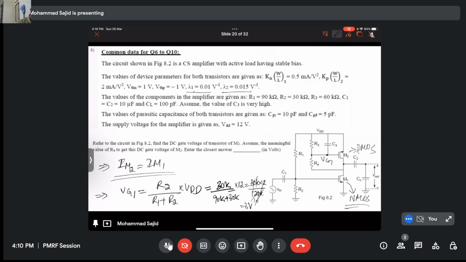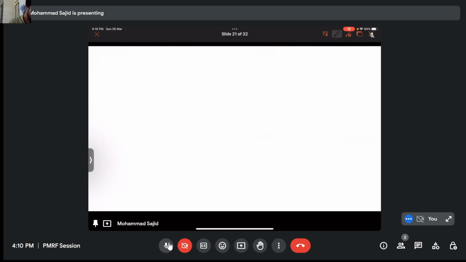That is 3 volt. Now you know VG1 is 3 volt. Can you just tell me what the idea is? Yes. If we treat it as saturation, it will be K by 2L times VGS minus VTH whole square, right?